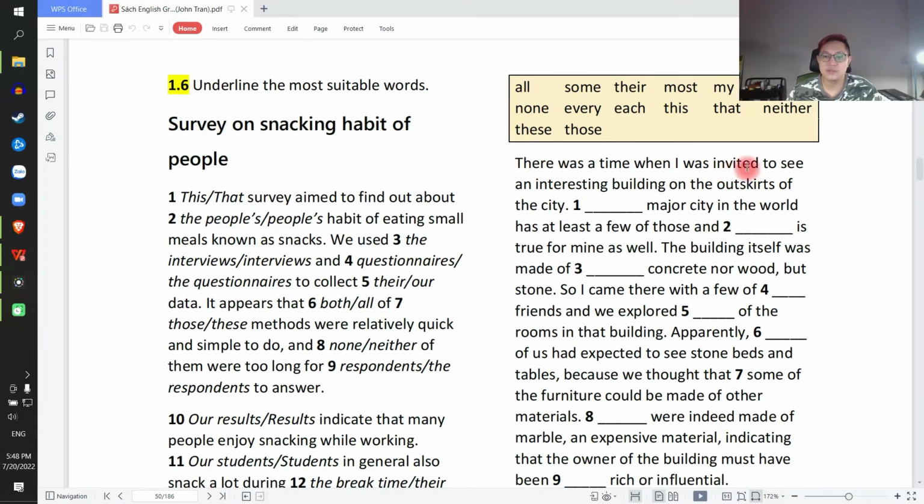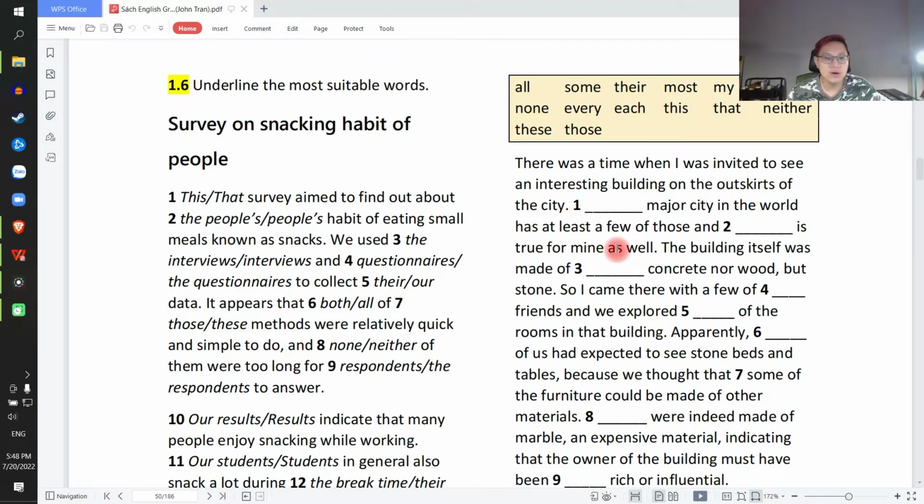There was a time when I was invited to see an interesting building on the outskirts of the city. Đã có một thời điểm khi mà tôi được mời để thấy một cái tòa nhà rất là thú vị ở cái outskirts, là cái phần mà ngoại ô, cái phần bên ngoài rìa của thành phố.